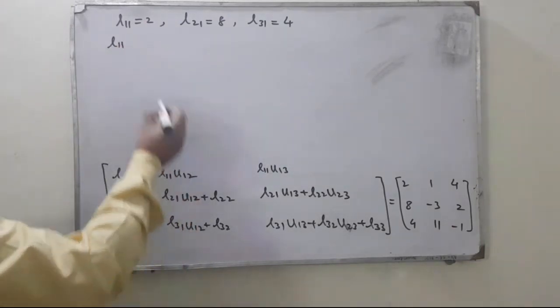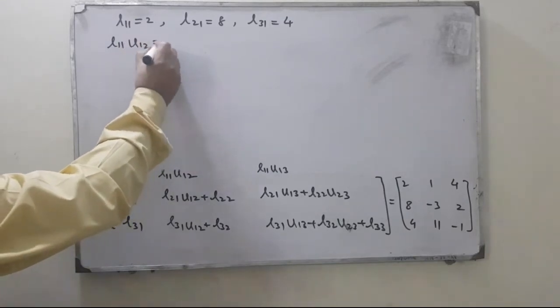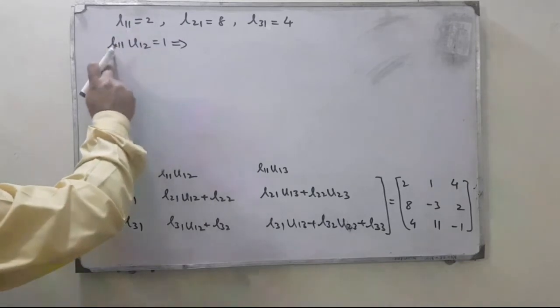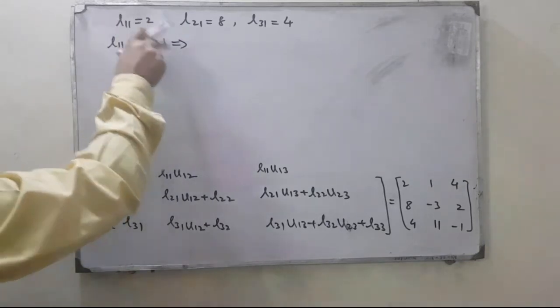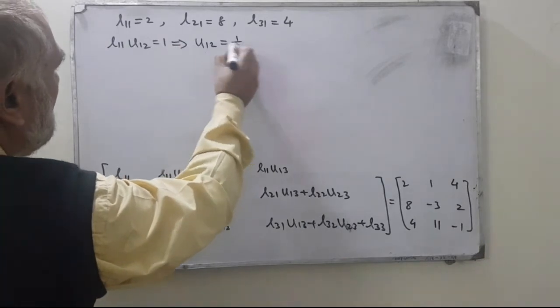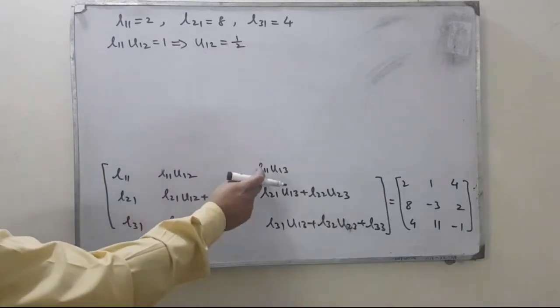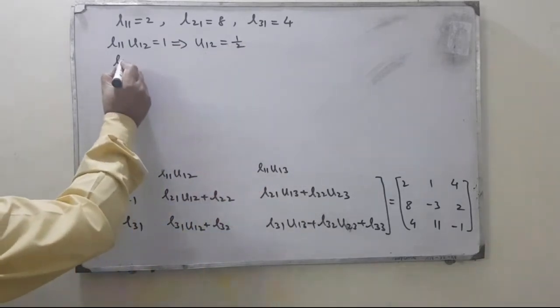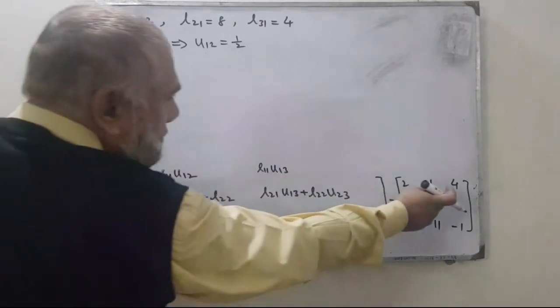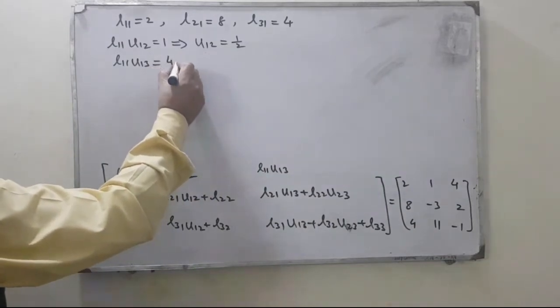L11 U12 will be equal to 1. We have this value of L11, we can substitute it here, and shifting it to the right side gives you U12 is equal to 1 by 2. And similarly, we can use this entry L11 U13, and this is equal to 4.